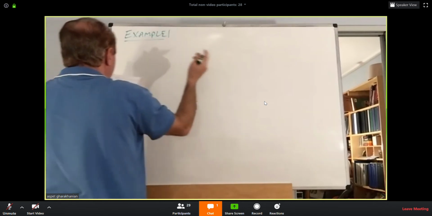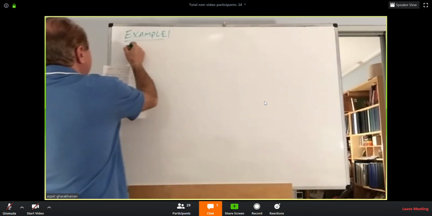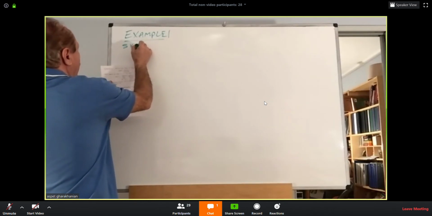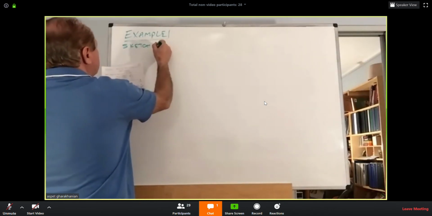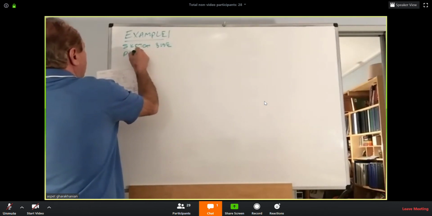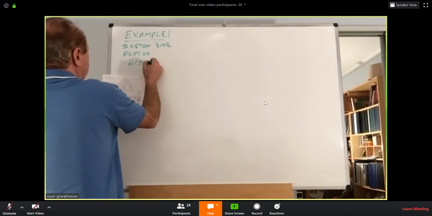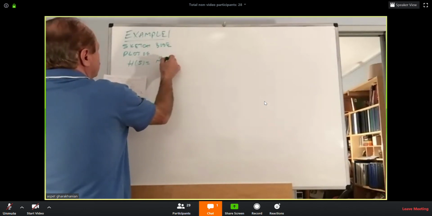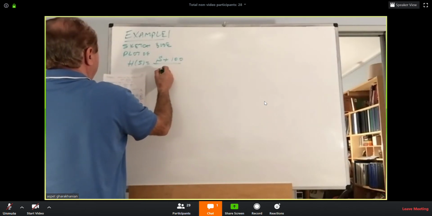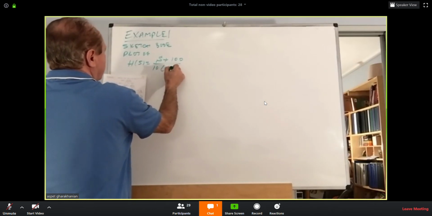Example 1, I will give you just one example. It says sketch the Bode plot of H(s) equal to (s plus 100) over 10 times (s plus 10).